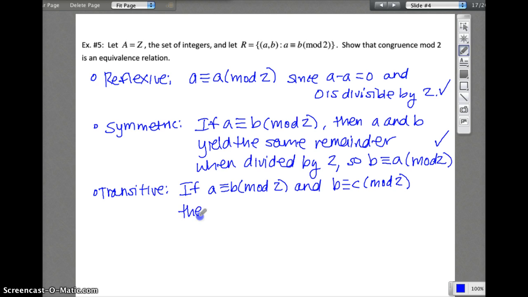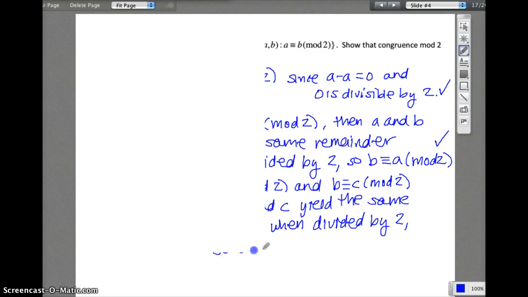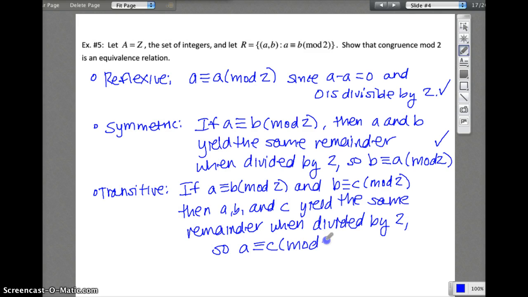So then a, b, and c yield the same remainder when divided by 2. So a must be congruent to c mod 2 if they have the same remainder when divided by 2.